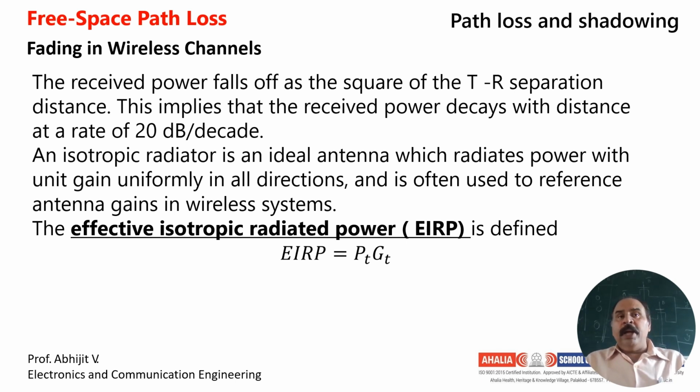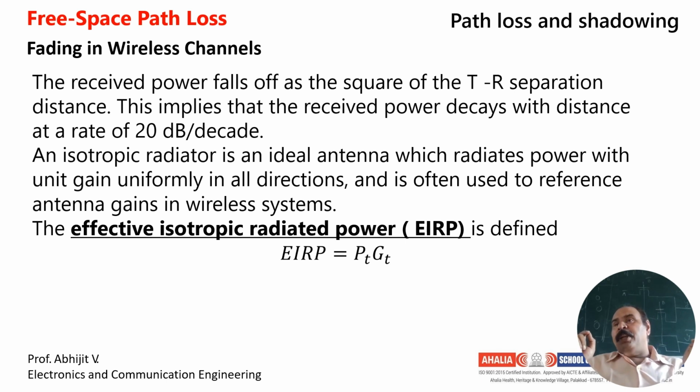An isotropic antenna is an ideal antenna. We are presuming an ideal antenna which transmits power in all directions almost equally. An ideal scenario that never exists, but we'll be using it for all our theoretical and academic purposes.